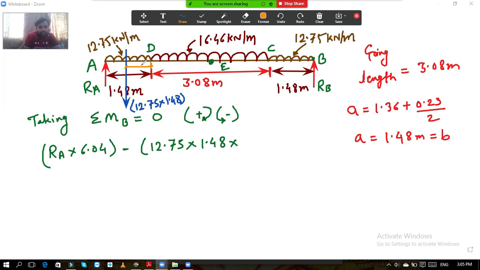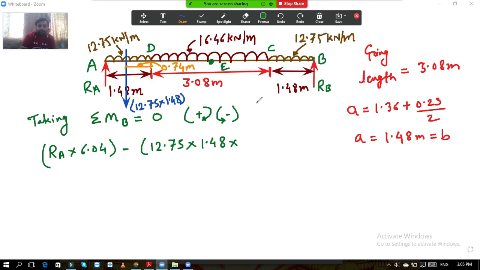So this distance will be 1.48 divided by 2, means 0.74 meter. Similarly, every time you need to convert the UDL into the point load like this, and then take the moment of the force.